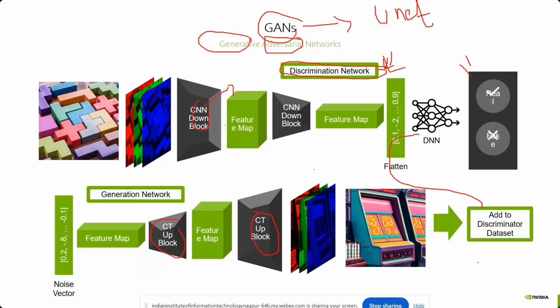When the discriminator fails to do that, that means the generator has successfully learned to generate an image that looks like a real image, because the discriminator is not able to discriminate the class, whether it is real or fake. If that is the scenario, my generation is completed.